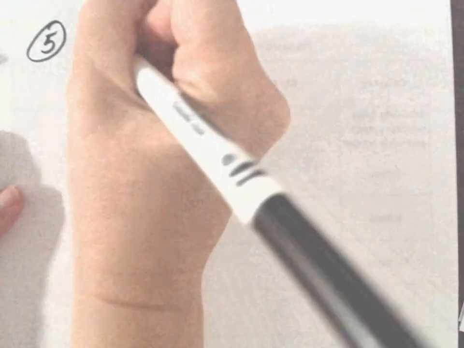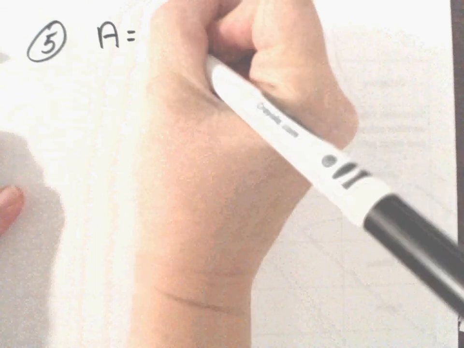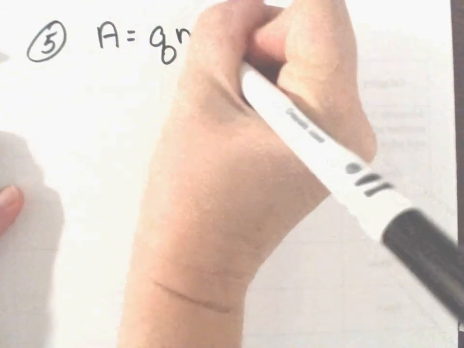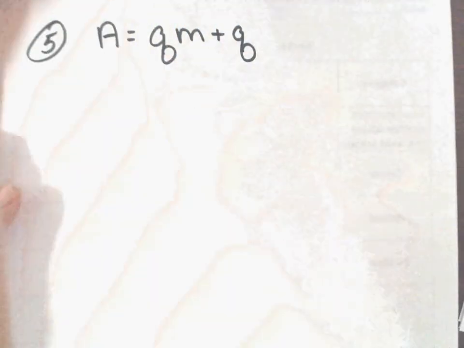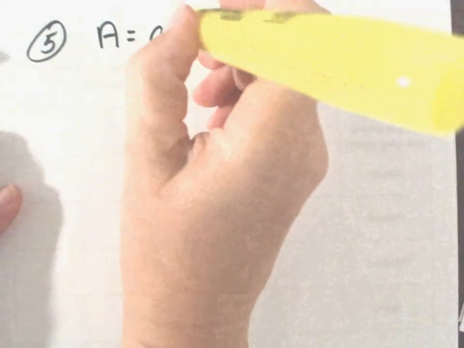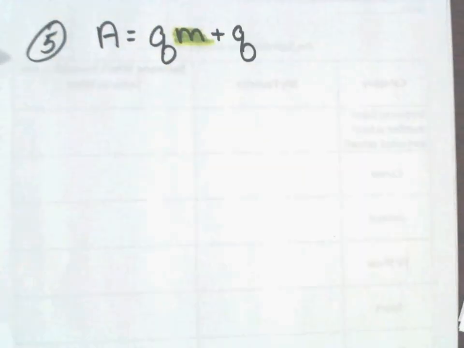Okay, so number 5. We have A equals QM plus Q. And the comma, then M, that's telling you what letter it wants you to solve for, okay? So that's one of the ways that you will see that.